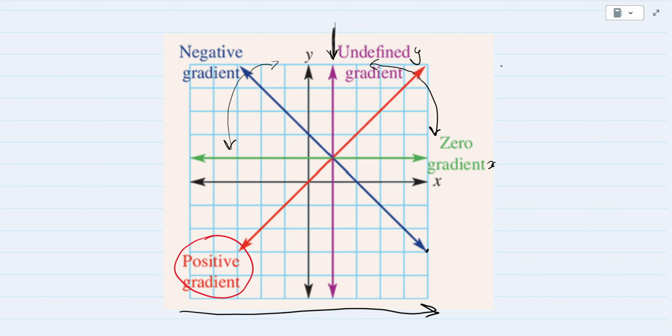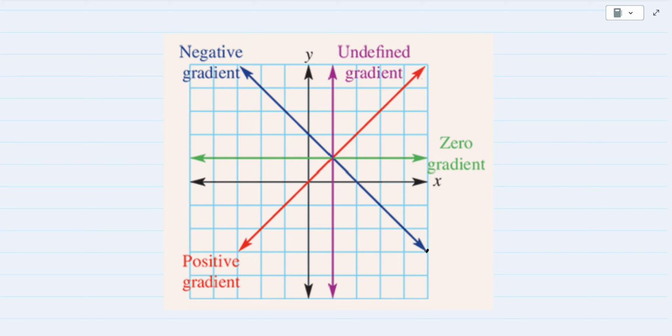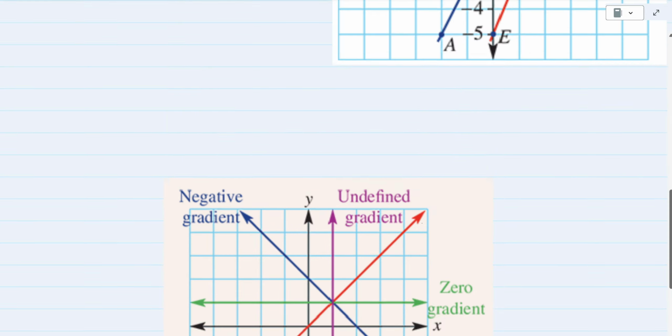You could have a gradient of 1/100th, or you could have a gradient of 3. And you can have a fraction or a whole number gradient, and that will change how steep or how flat the line will be. So that's the first thing we need to understand about our lines and our gradients, what shape they're going to make. And it's really important that we can picture the line in our minds using the coordinates or using the equation before we graph it.